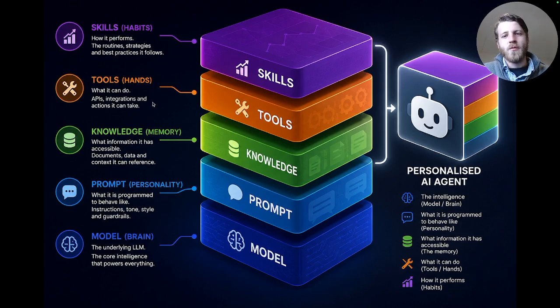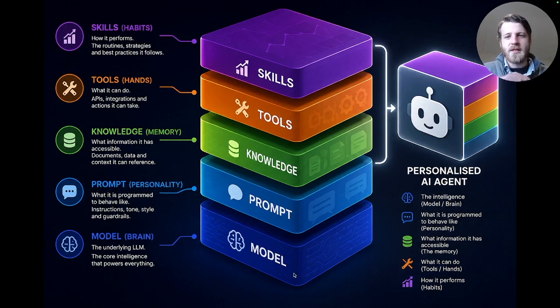We'll jump into the tools in a little bit. Document creation, whatever it might be. And then skills, this is kind of the habits that the large language model performs using routine strategies and the best practice it follows.